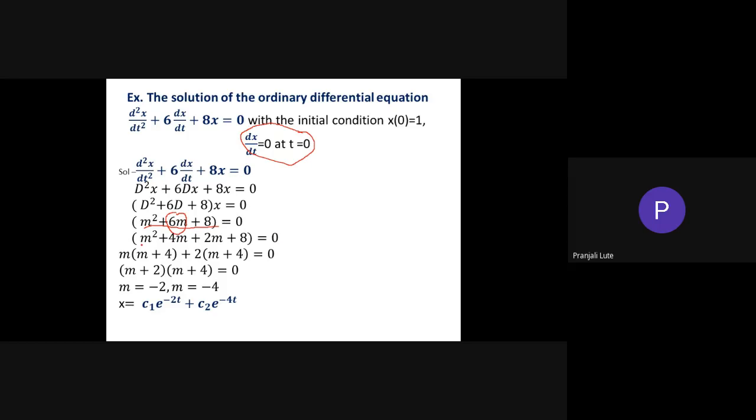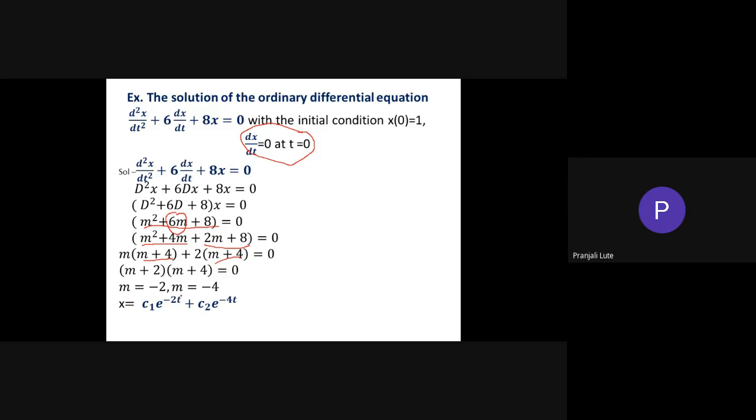Group the first two terms and the last two terms. From the first two, taking m common, the answer is m plus 4. From the last two, taking 2 common, m plus 4. Taking m plus 4 common, the remaining term is m plus 2. So m plus 2 equal to 0 and m plus 4 equal to 0. It means m equals minus 2, m equals minus 4.